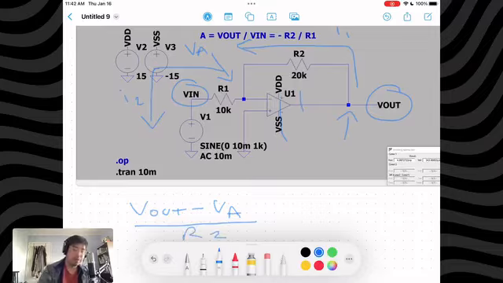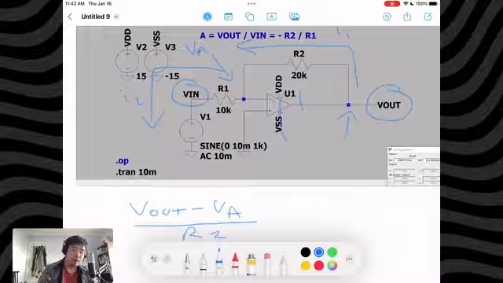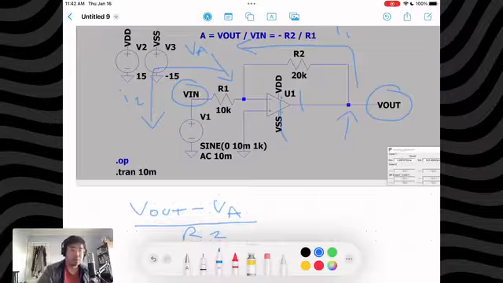And since there's a node there, one of the rules that we work with is that the currents going into a node sum to 0. So if the current going from the output is equal to the current going from the input, then we can set them equal to each other.